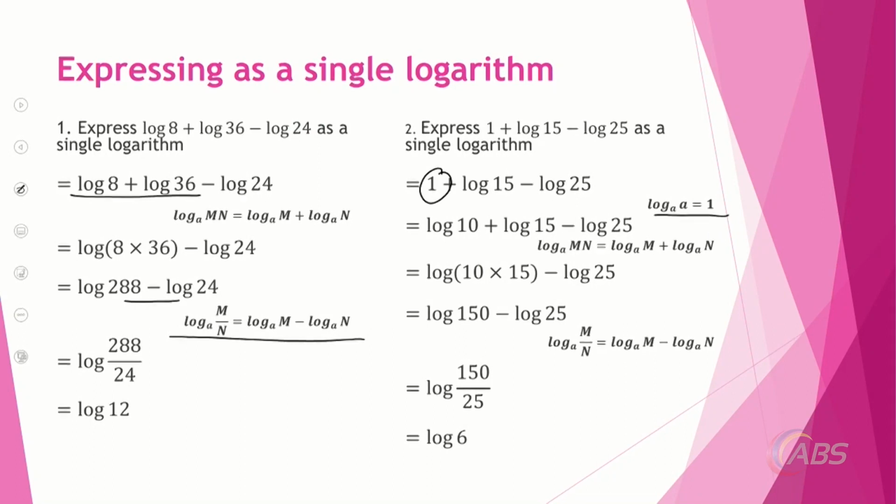And in this case, remember I said the standard base for logarithm would be a base 10. And once we don't see a number there, it is understood to be logarithm to the base 10. So therefore, if I'm converting 1 to a logarithm, I would simply write it as a logarithm of 10, knowing that it's the logarithm of 10 to the base 10, logarithm of a to the base a, which gives me a value of 1.